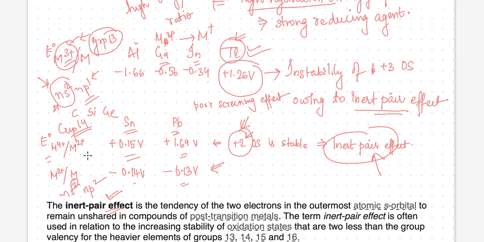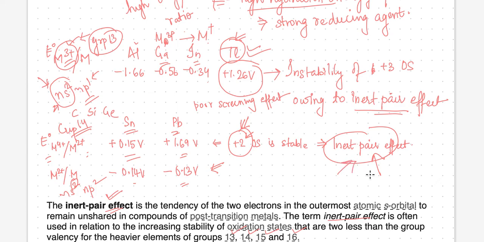In the case of group 14, 2 less than means it is +2 oxidation state. So that oxidation state becoming more stable is what we refer to in the inert pair effect, and this is basically observed in heavier elements of group 13, group 14, group 15 and group 16. Okay, so that is about the inert pair effect.